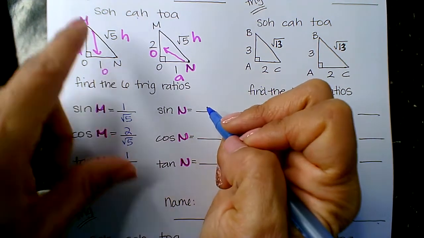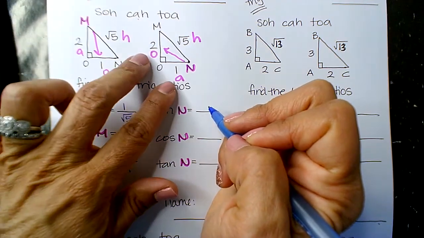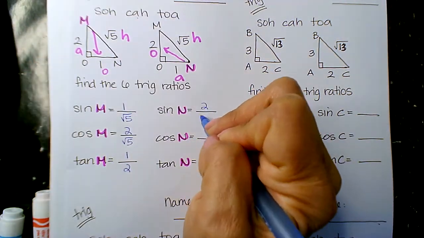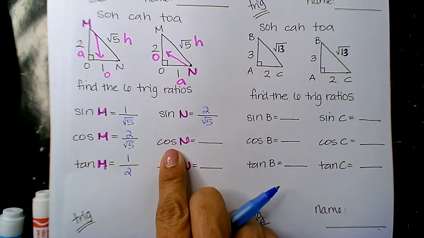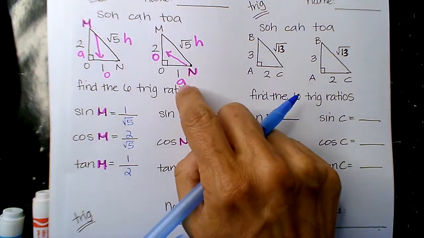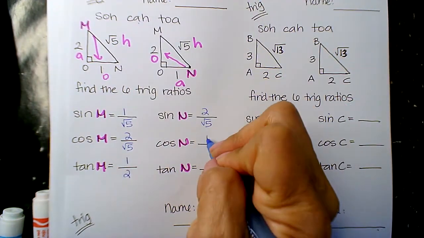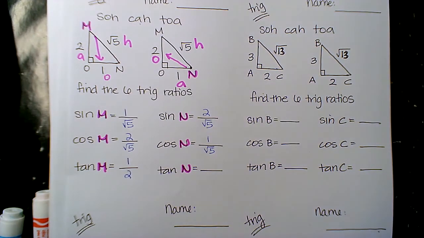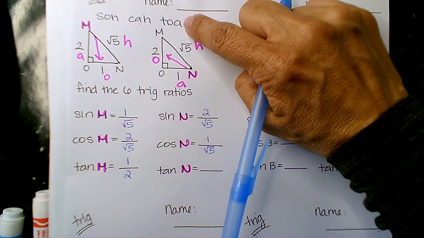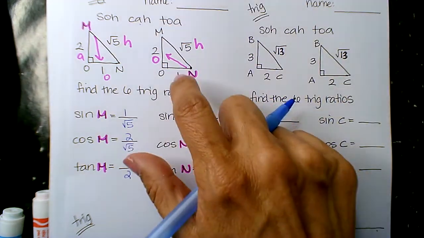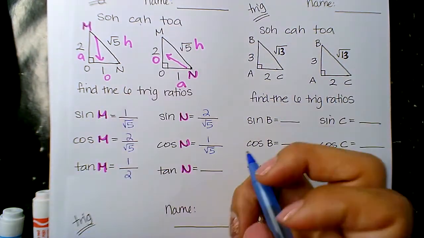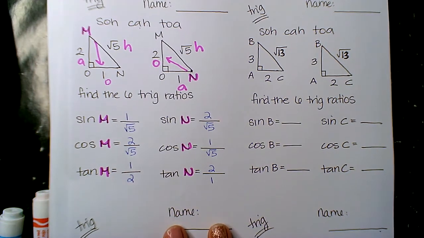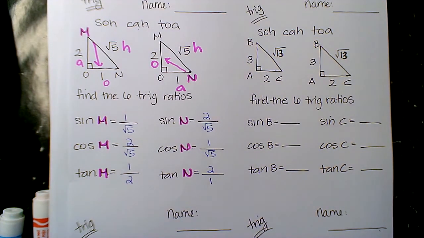So SOHCAHTOA, S-O-H. OH is 2 over rad 5. Cosine is CAH. AH, 1 over rad 5. TOA, opposite adjacent, 2 over 1. So, get the label right. Easy peasy.